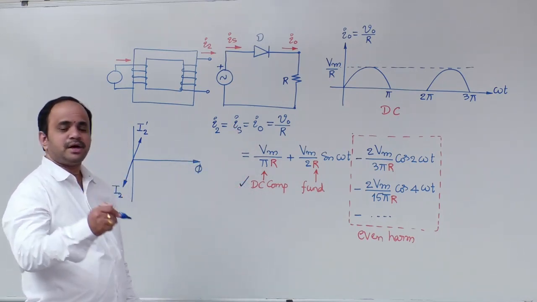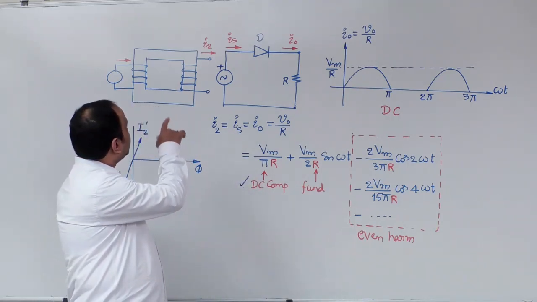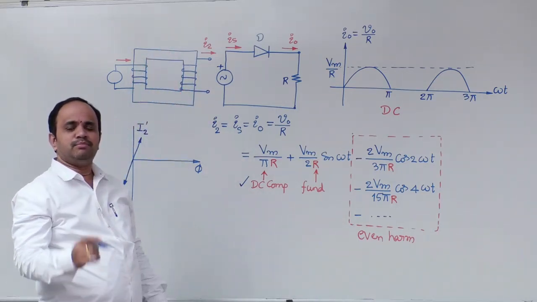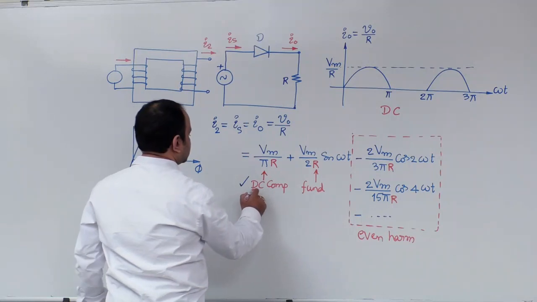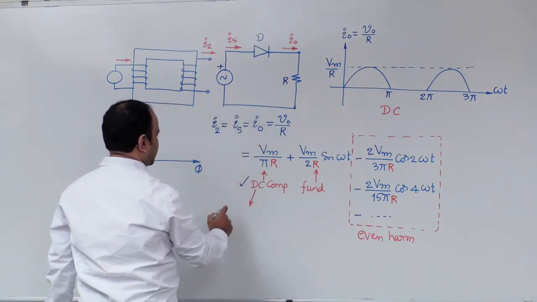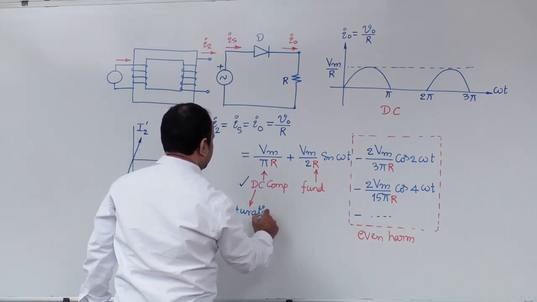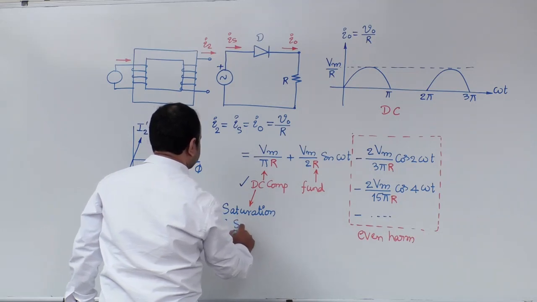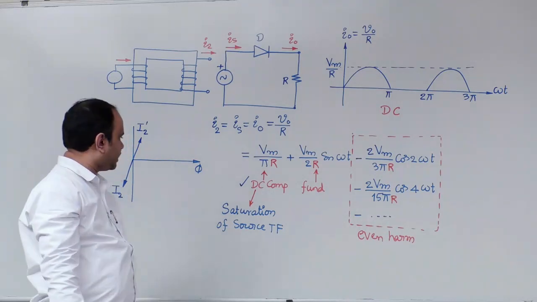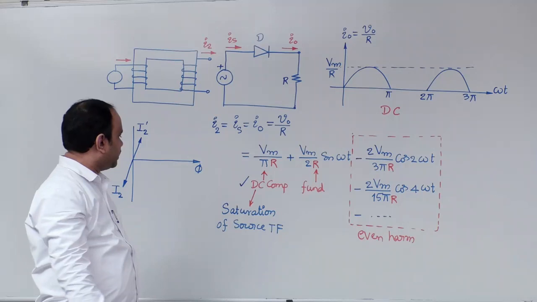Because of this DC component, the magnetic circuit of the transformer will move towards saturation. So the DC component of this source current will result in saturation of the source transformer.